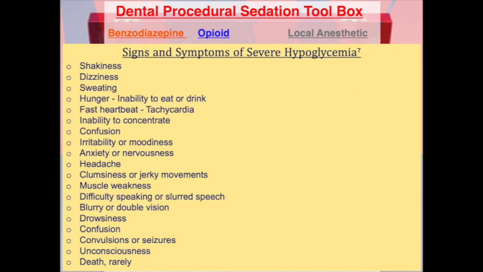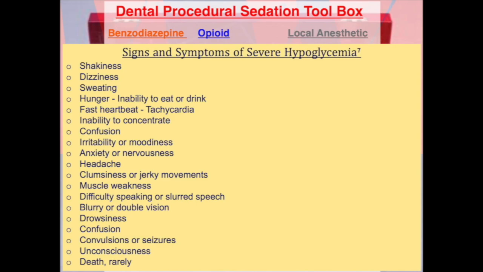So some of the signs and symptoms of severe hypoglycemia are going to be shakiness, dizziness. There could be cold sweating, hunger for food and drink, a fast heartbeat, especially if they've been NPO. They can't concentrate. There's just not enough glucose going to the brain for it to function properly.